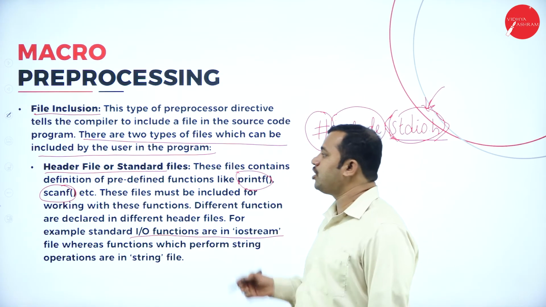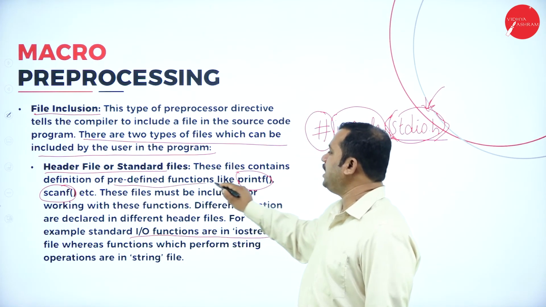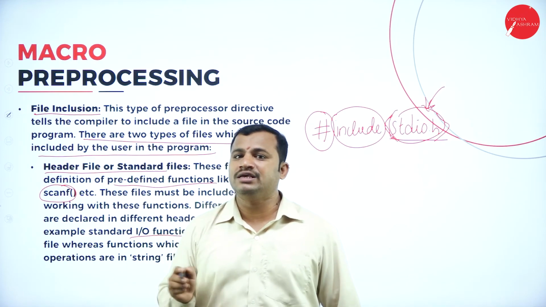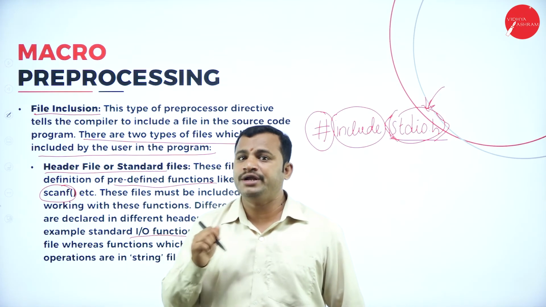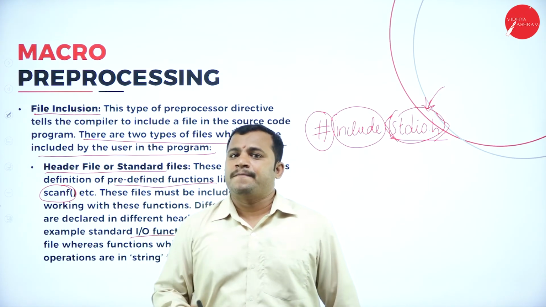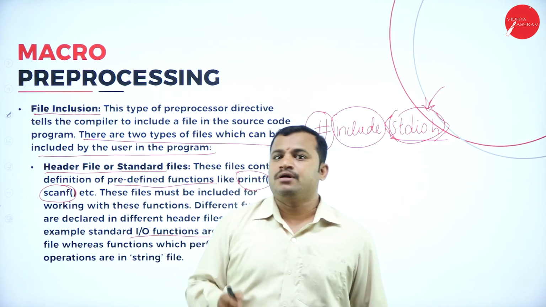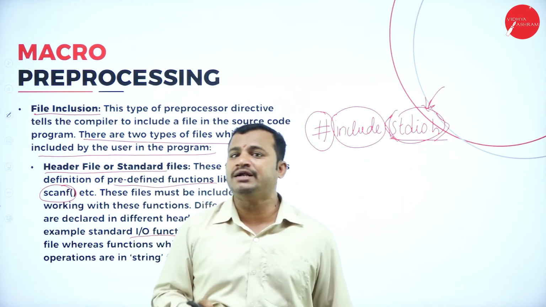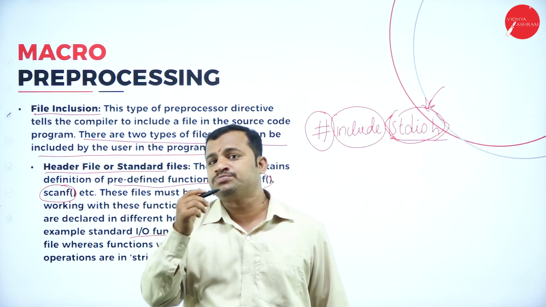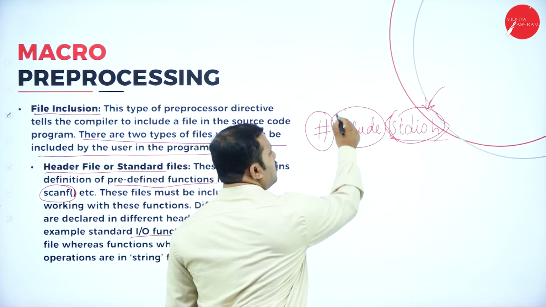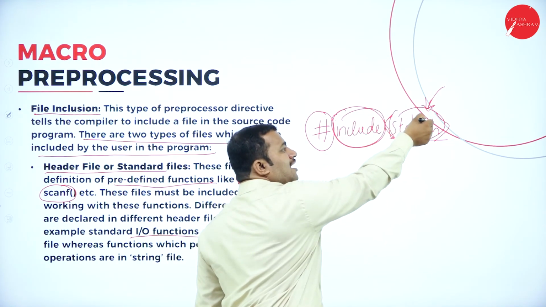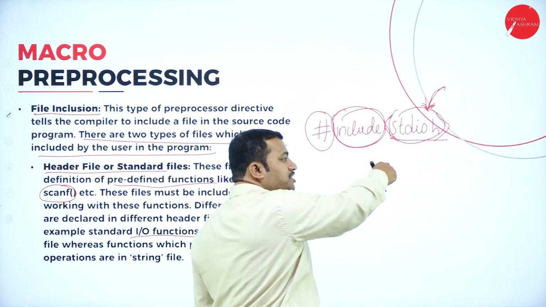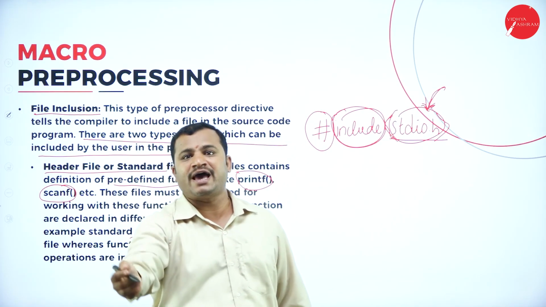These are existing or predefined files which are already available to your source program. How did you incorporate that inbuilt functionality into your source program? That is possible by including the include directive, which includes the file named stdio.h into the program, so that functionalities such as printf and scanf can be used.